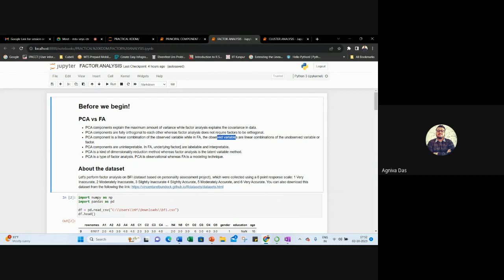Also, in PCA, components are uninterpretable, whereas in factor analysis, underlying factors are labelable and interpretable. So in that way, PCA is kind of a dimensionality reduction method as well.